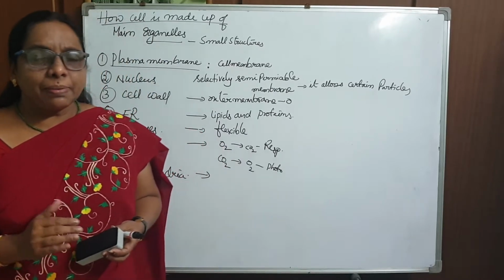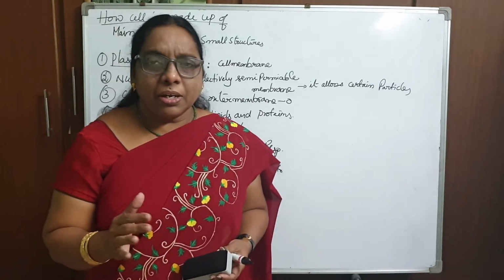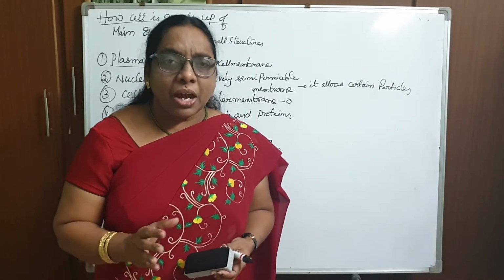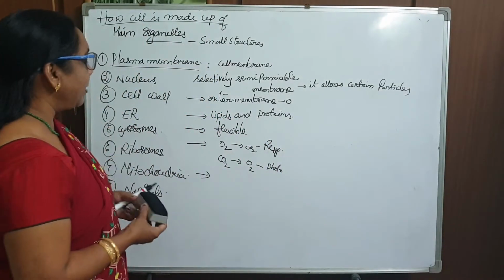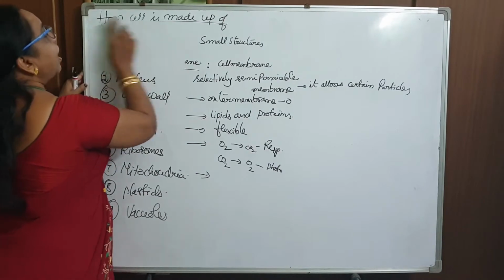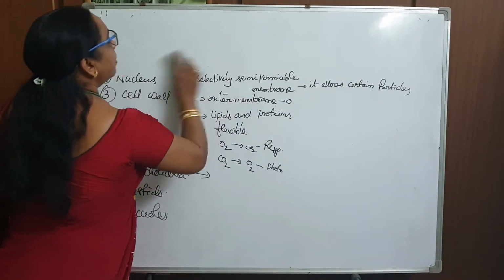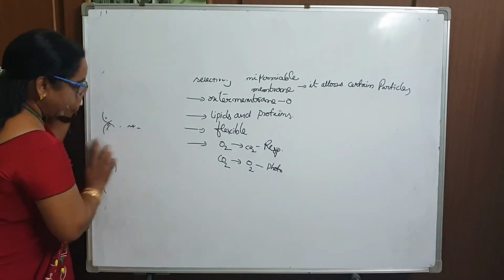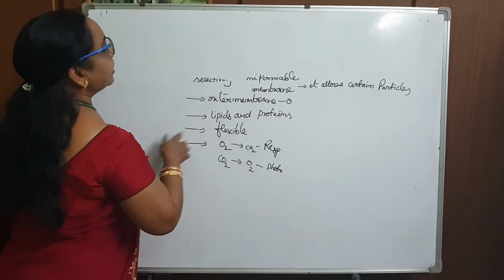We can't simply say the particle is moving from outside to inside. There is a mechanism for how it moves. Let me explain the definitions of how these particles move from one region to another. Okay, yes. So these are all the points regarding the plasma membrane.